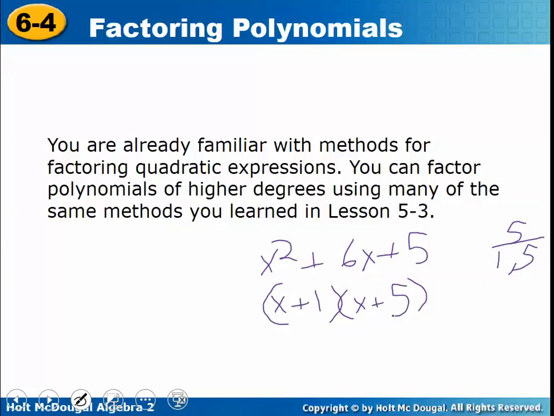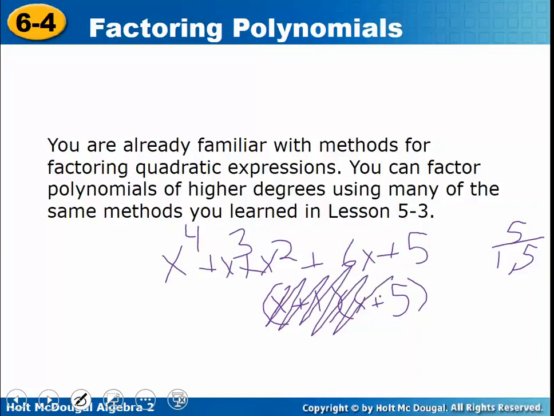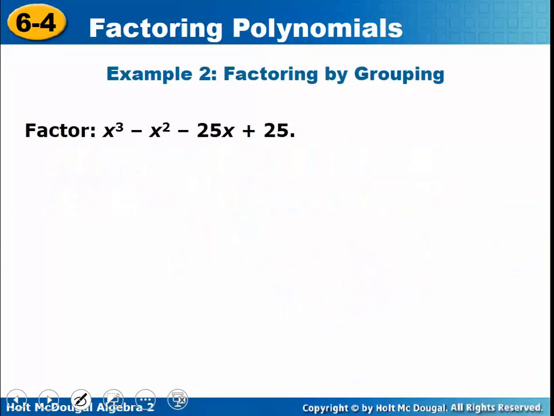That's one way to factor when we have a quadratic. But we also learned a few other methods in Algebra 1 and in Chapter 5 that are applicable for this chapter. Because if you add more terms here for this polynomial, you can't do this trinomial factoring anymore. We have to have some other methods.